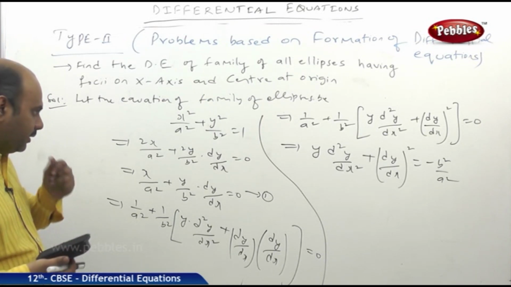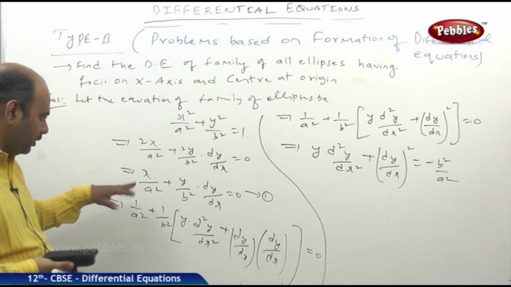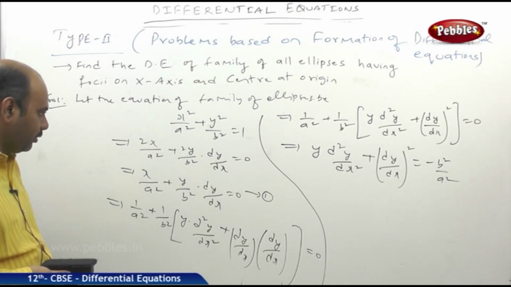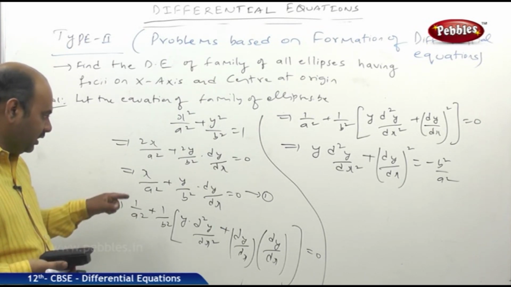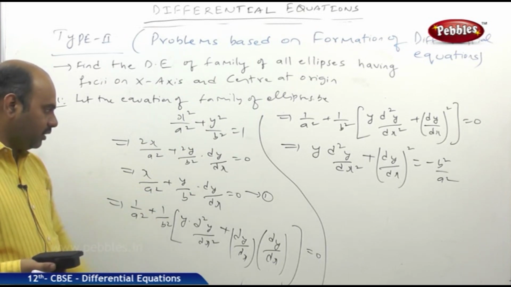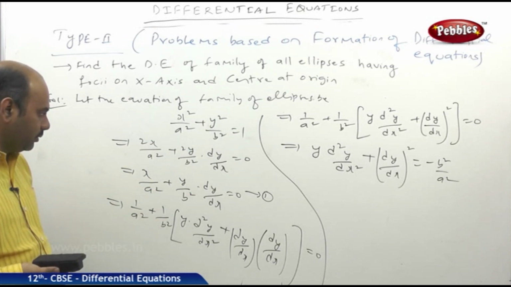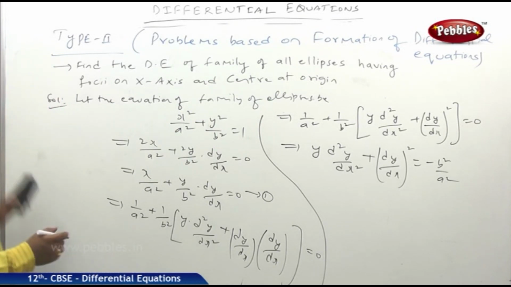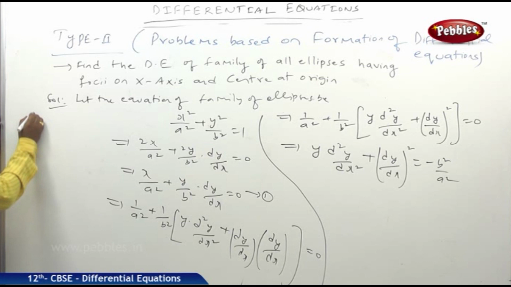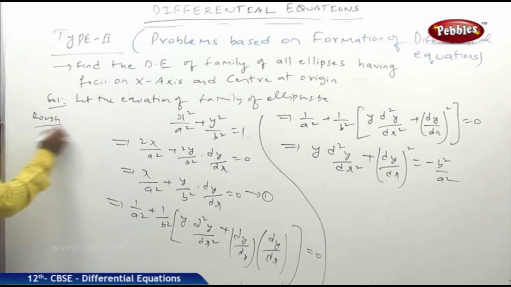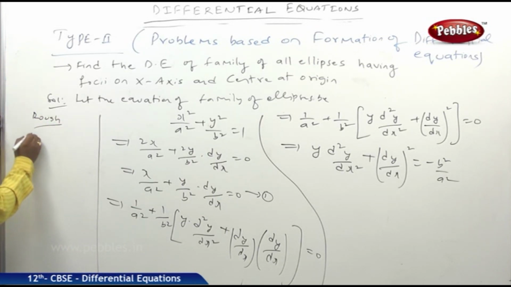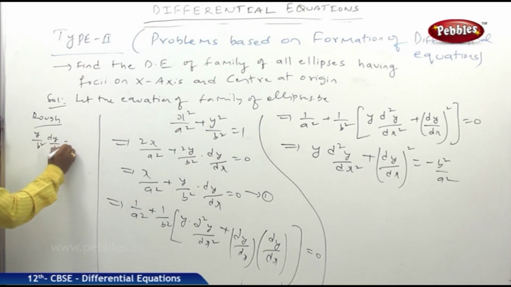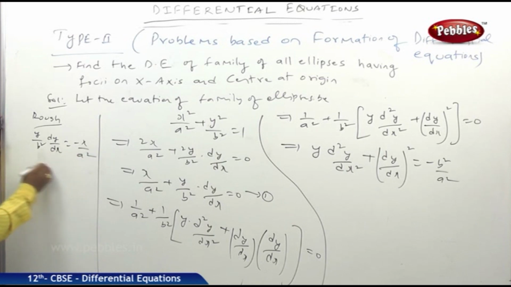How can we make the modification? From equation 1, because y by b square into dy by dx is equal to minus x by a square. I will take the rough work over here, and I think you will get a proper vision also. So y by b square dy by dx is equal to minus x by a square.